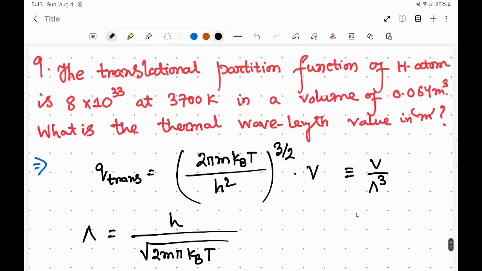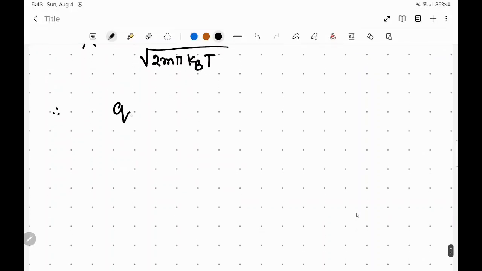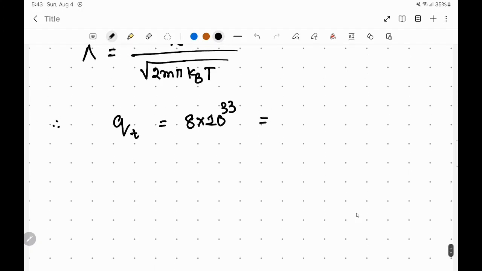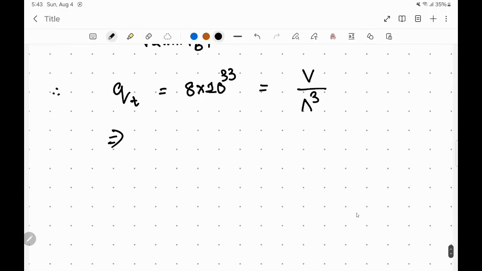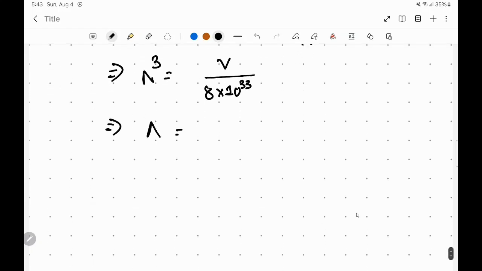The partition function q_t is given as 8 into 10 to the power 33. So that will be essentially V by lambda cube. So lambda cube will be V by 8 into 10 to the power 33.